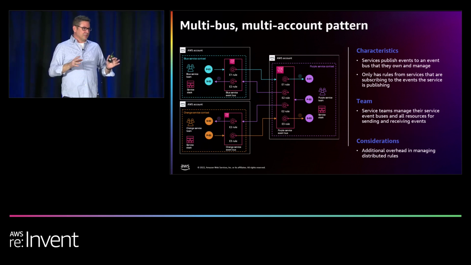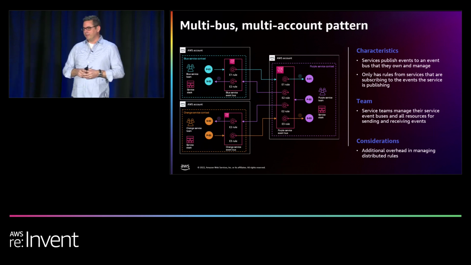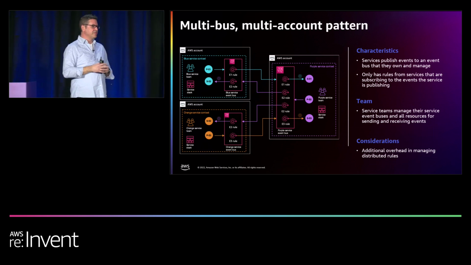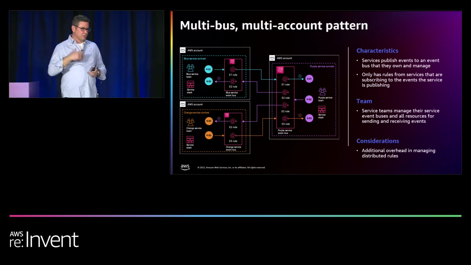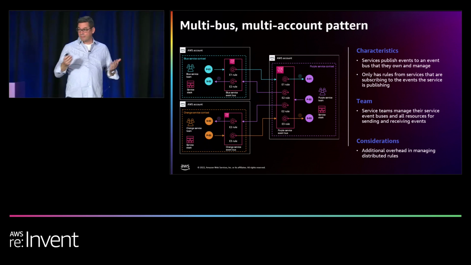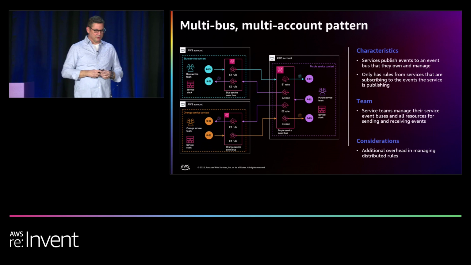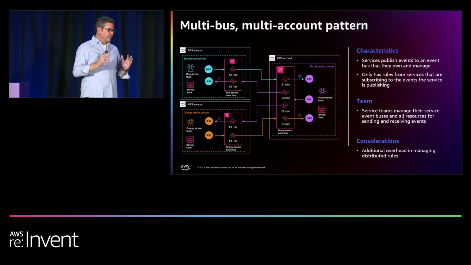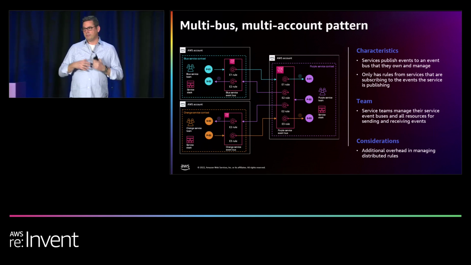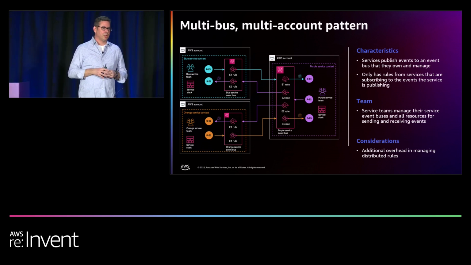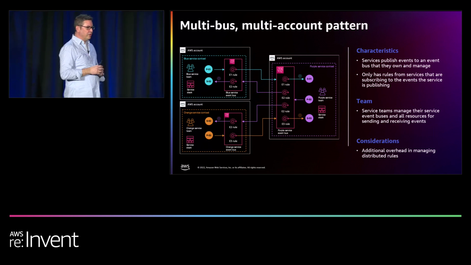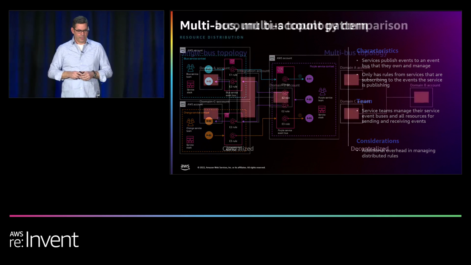And here the application team itself manages the actual resource. They create and provide all the policies that allow subscribers to events to place rules on the event bus by features such as resource policies. Now, this does mean that those rules are typically more distributed across your environments and can potentially add some operational overhead. But as we'll see, this is actually not as bad as you might think.